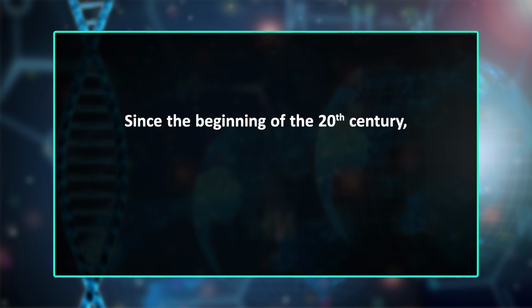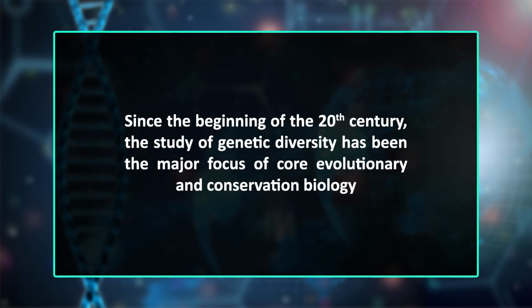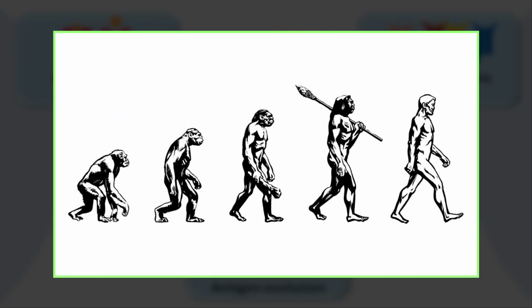Since the beginning of the 20th century, the study of genetic diversity has been the major focus of core evolutionary and conservation biology. The theoretical matrix developed, such as genetic variance and heritability, provided the quantitative standards necessary for the evolutionary synthesis. Further, research has focused on the origin of genetic diversity, its maintenance, and its role in evolution.